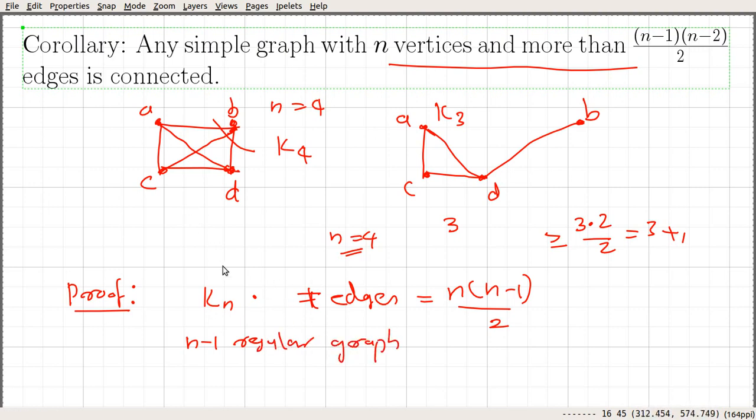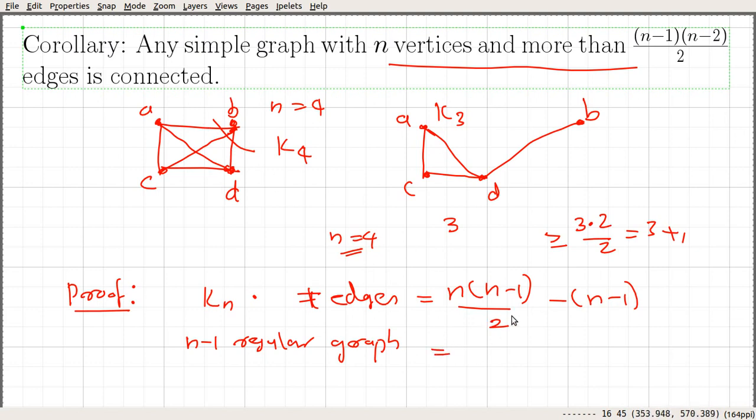So in order to make Kn disconnected, you make one vertex an isolated vertex. To isolate it, you need to delete n minus 1 edges incident on that particular vertex. So the number of edges in that case will be n(n minus 1)/2 minus (n minus 1), since we are deleting n minus 1 edges from the graph.